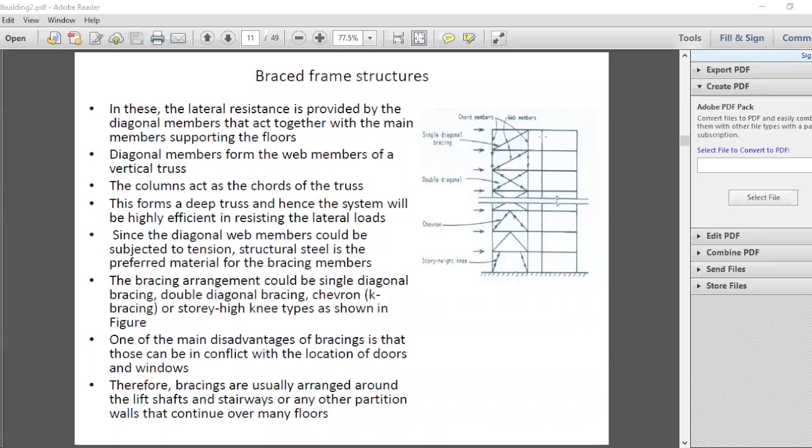So if you look at different types of bracings, you can get double diagonal bracing like this one, or double diagonal bracing like this one here, or it could be something like chevron or K bracings. Here you can see it's called a K bracing.